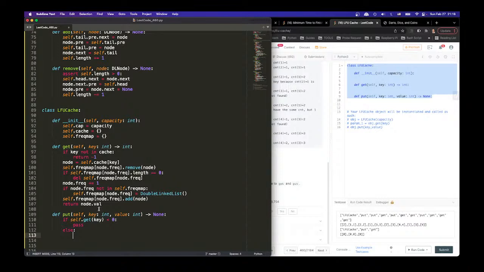It doesn't matter. What we know is its frequency has changed, but it's fine. So all we need to do is just update its value because its position has already been updated. So we just say self.cache[key].val equals value. That's it. That's all we need because we have already done all the move around.